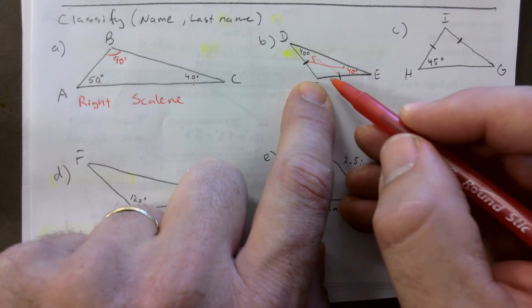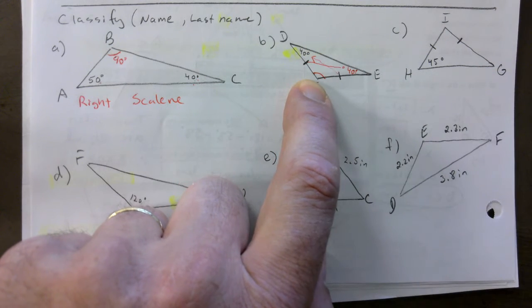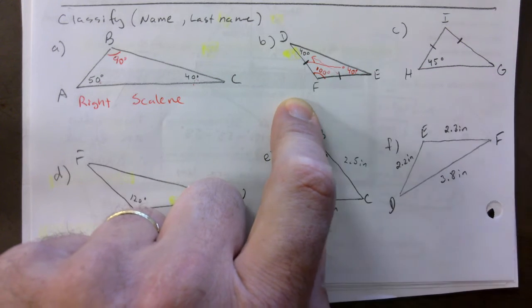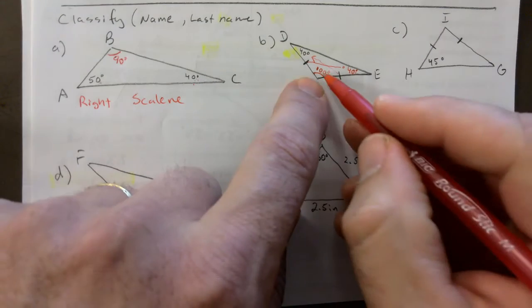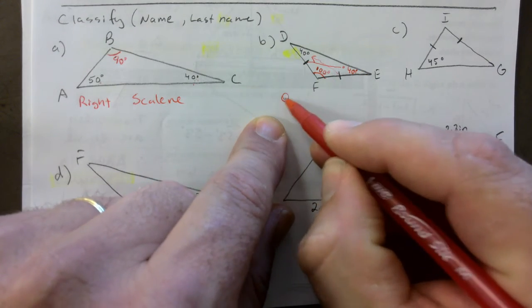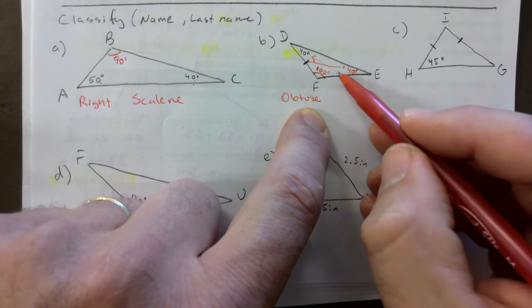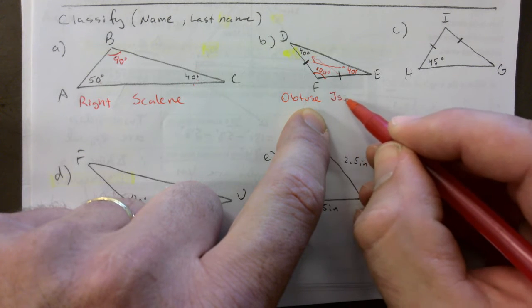If this is 40 and this is 40, that's already 80. So this has to be 100. You'll be able to do quite a few of them just like that, just mental math. So in terms of angle, this is obtuse. And because these two sides are the same, we know it's isosceles.